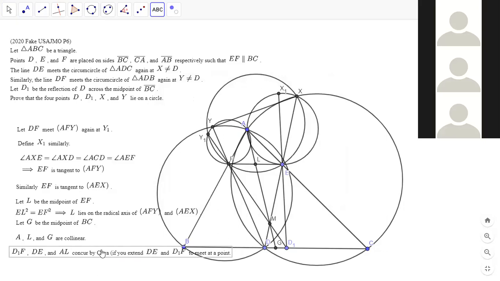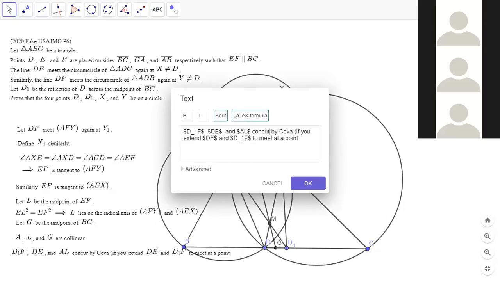All right, I'll say they concur at a point M.